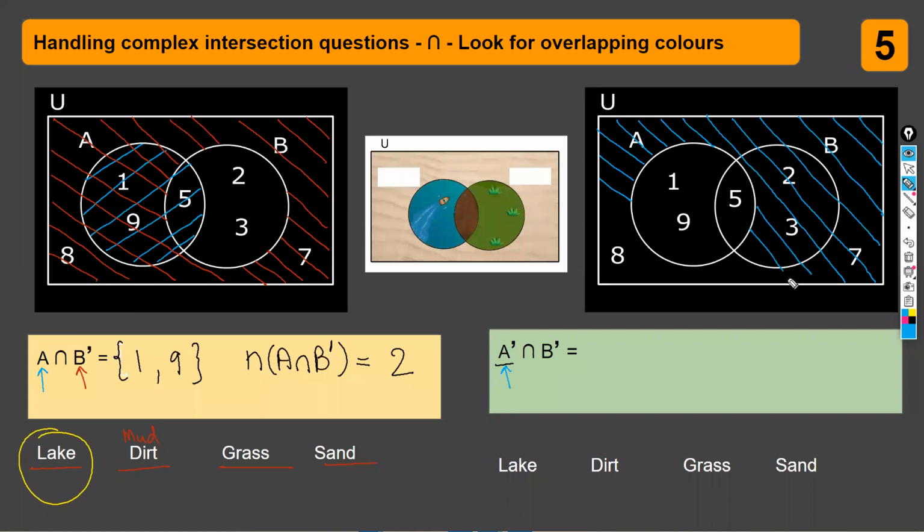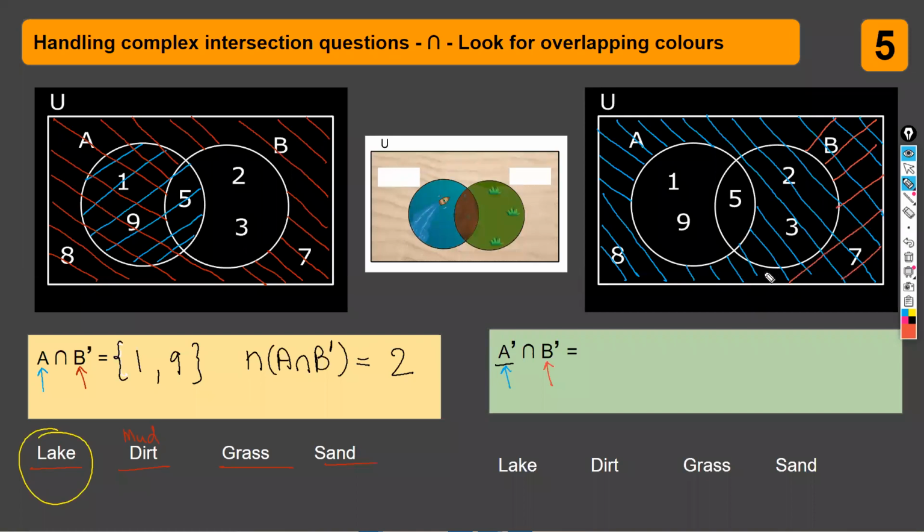Right? If you look carefully, nothing inside the A circle has blue. Not even the mud region, because the mud region still has some affiliation with what? A. Now we have to shade who? Who is not B. So we do the same thing, but for B this time. We identify the B circle, and then we shade everything outside that B circle.